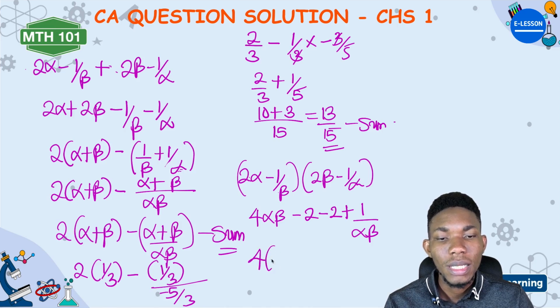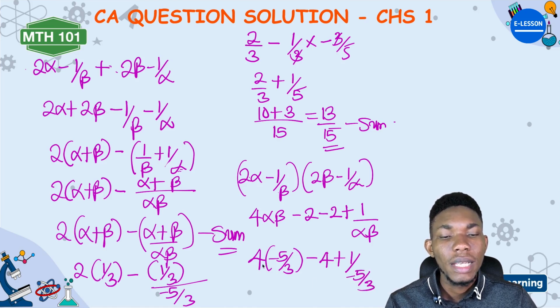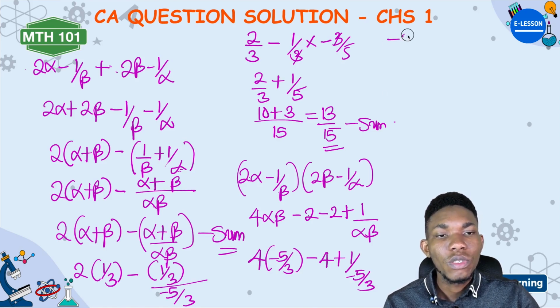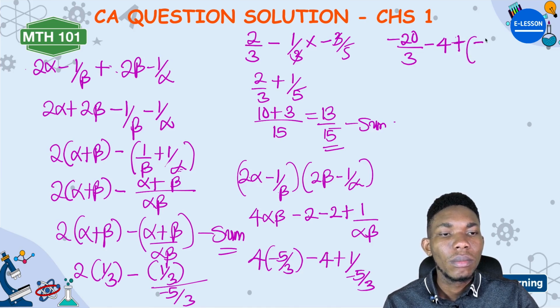That will give us 4 brackets minus 5 over 3, minus 2 minus 2 will give us what? Minus 4 plus 1, all over minus 5 over 3. All right? This multiplied by this will give us minus 20 over 3, minus 4 plus this 1 all over 5 over 3 will give us plus bracket minus 3 over 5.